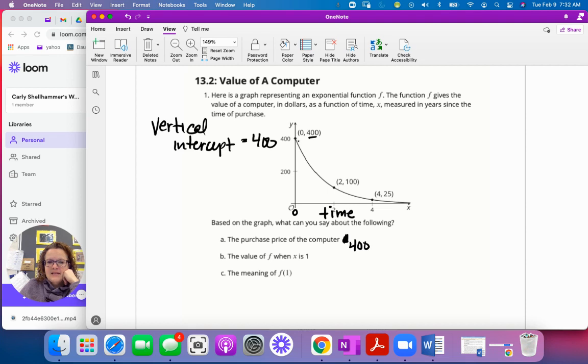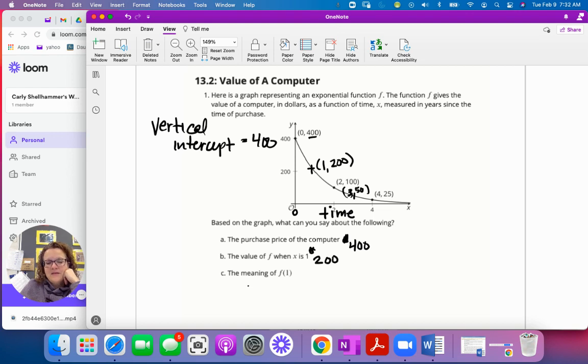So I'm going to guess that when time equals 1, I'm cut in half. Then time equals 2, I'm in half again. And then when time equals 3, I bet I'm in half again. And then when time equals 4, I'm in half again. So the value when x equals 1 is $200.